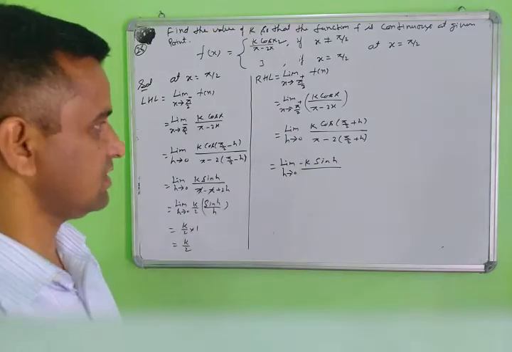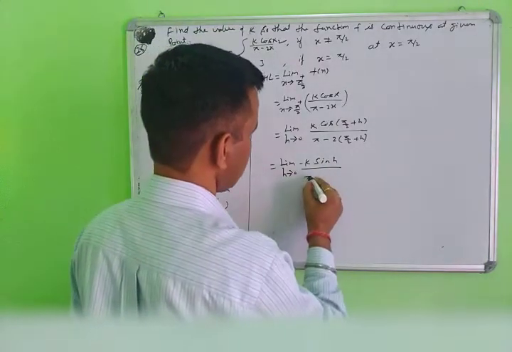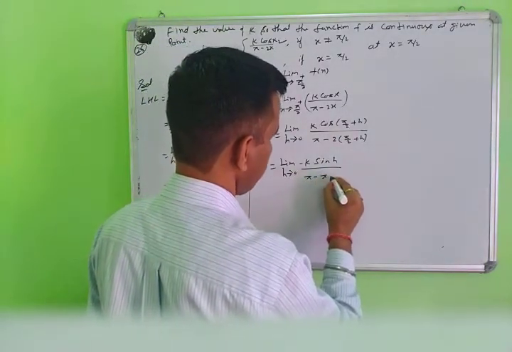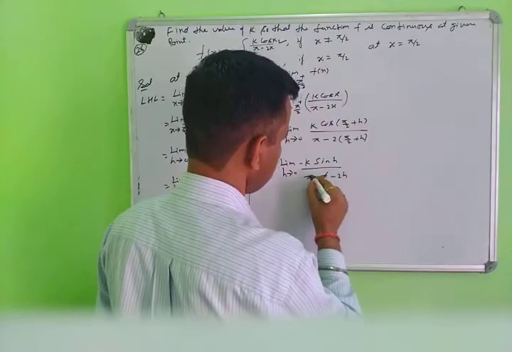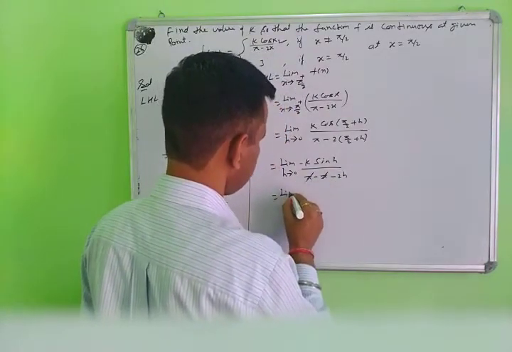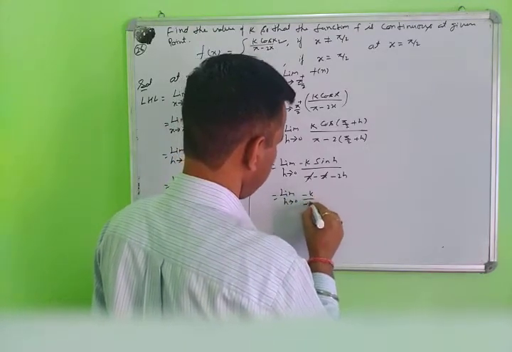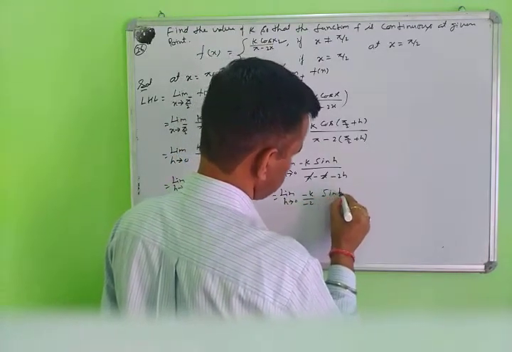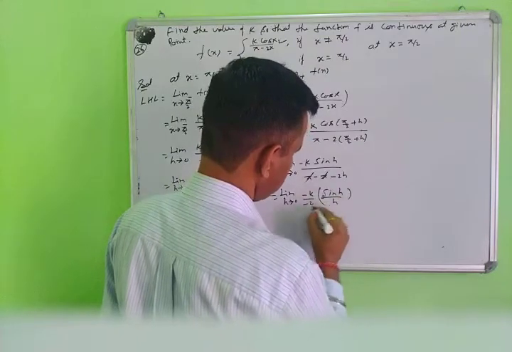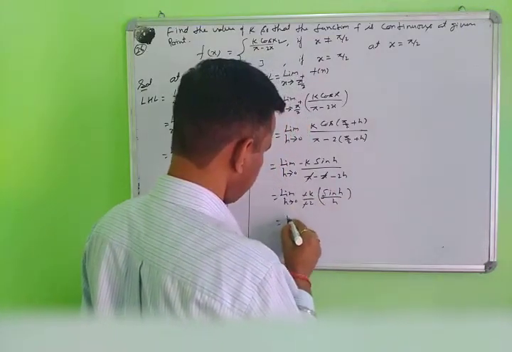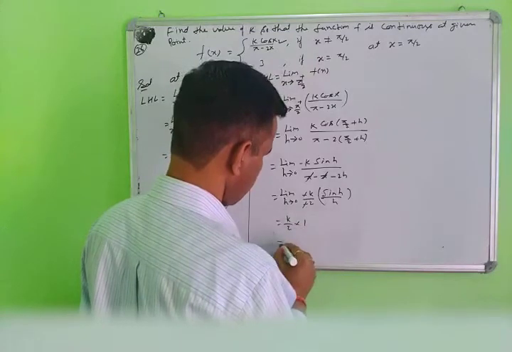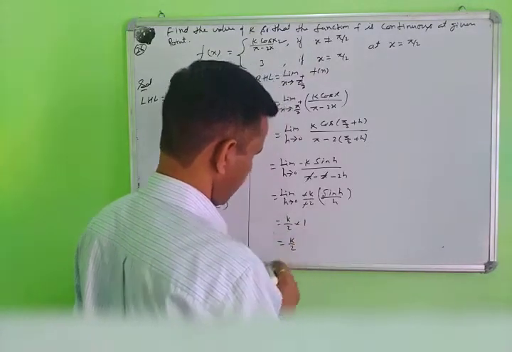So minus sin theta, and the same multiplier pi minus 2h. The limit h tends to 0, minus k upon minus 2, and similarly sin h upon h. This minus will be cancelled. What is left? k upon 2 into 1. Answer is k upon 2.